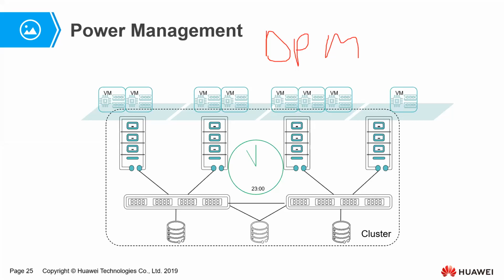So it is basically an automated power management function, and it is enabled by the system administrator, or sometimes it can be automatic. It must also be enabled so the system automatically balances virtual machine load on the hosts after the other servers are powered on.